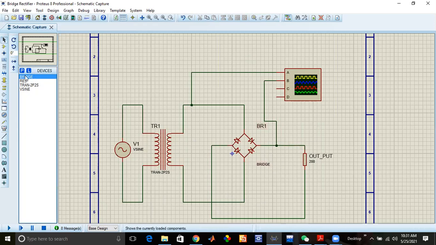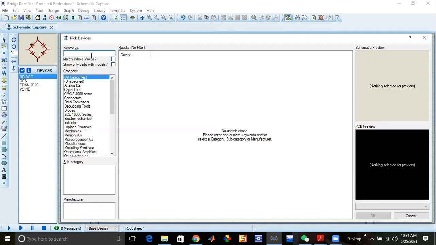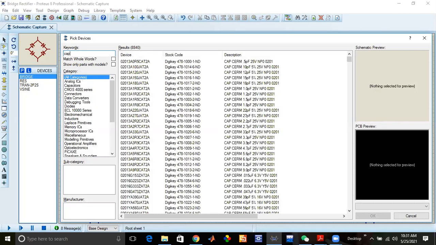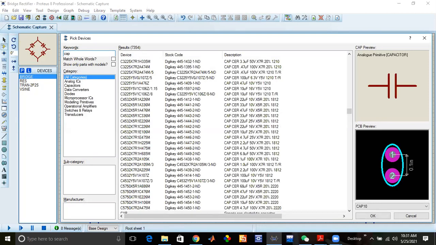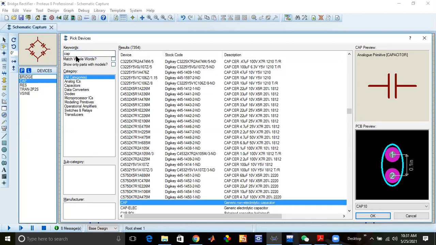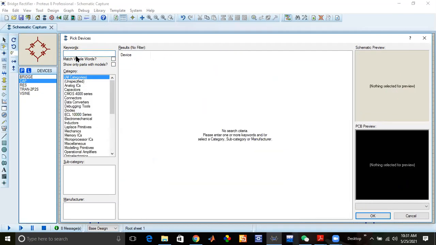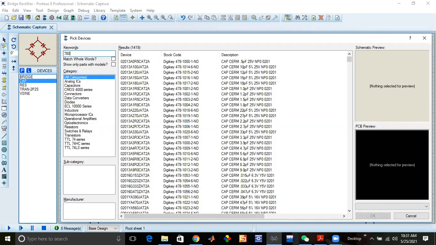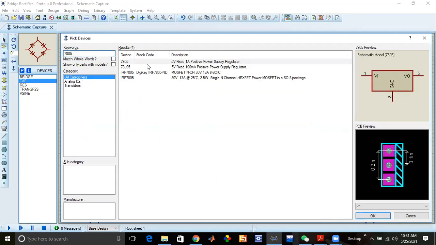So for this we will use a capacitor, this is our generic capacitor. And for the regulator, you can type 7805. You see here, 7805.